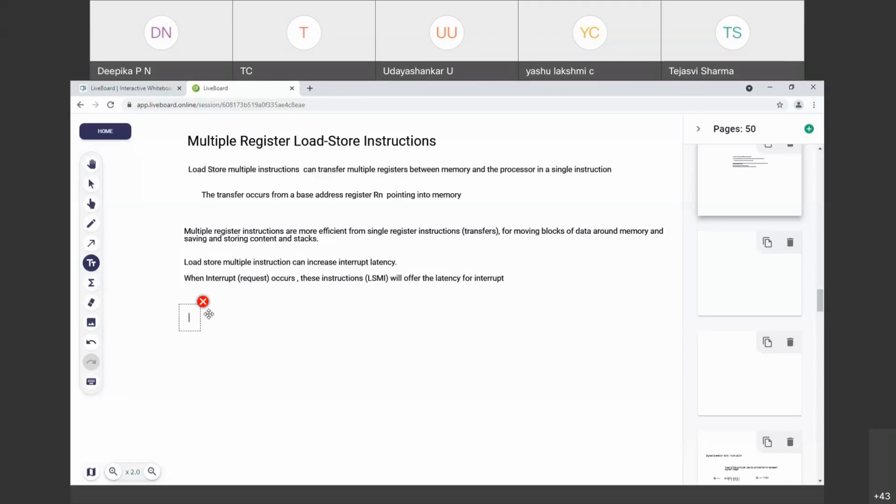Let me take an example, ARM7, a load multiple instruction. How much time does a load multiple instruction take in ARM7? It takes T plus NT cycles. A load store multiple instruction takes this much time.